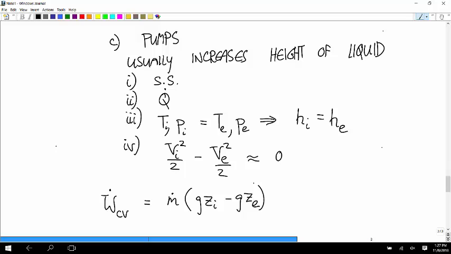Kind of for all of these, turbine, compressor, are we ever going to be able to use these simplified equations on their own? I think so.